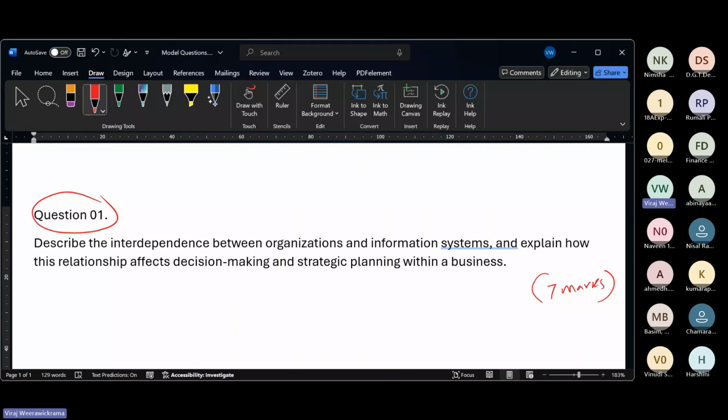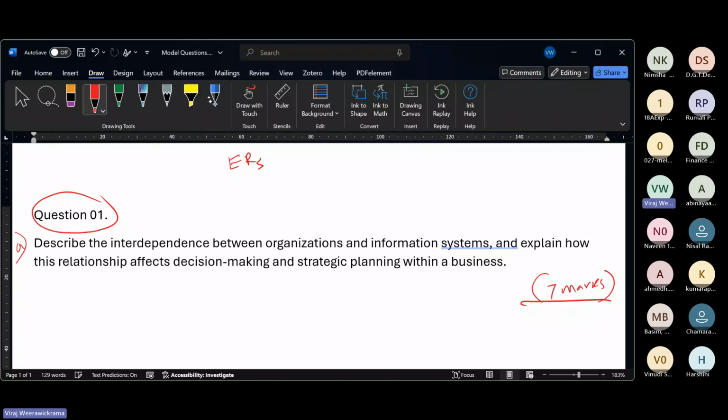For exam purposes, let's say this is question number 1, part A, and you are given 7 marks. Now we have to think how to write down an answer for this kind of question. First, you have to find out the ERs, which we call exam requirements.